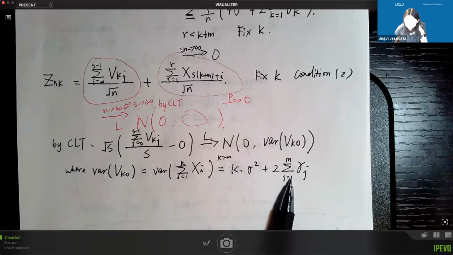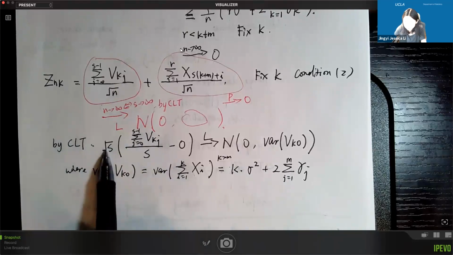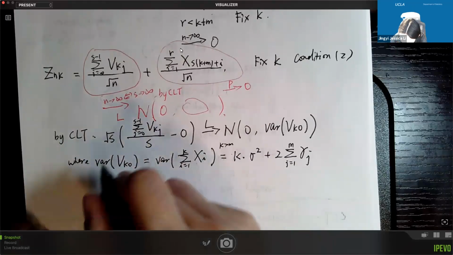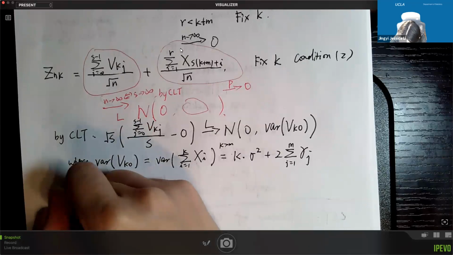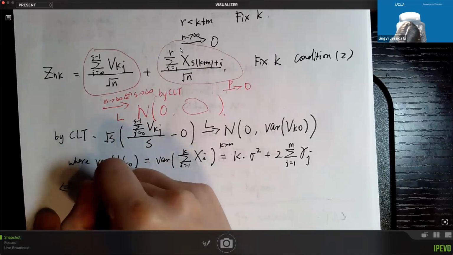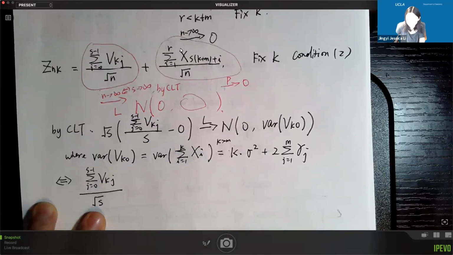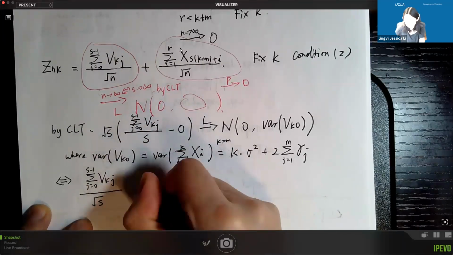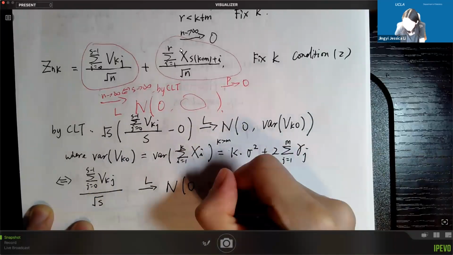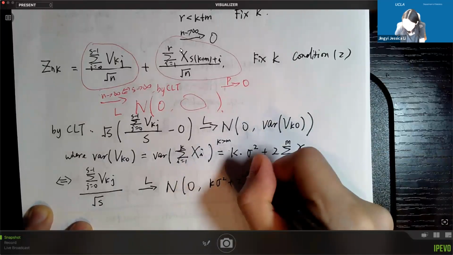Then what's left for my root n? This is about the root. If I do this, I can actually show that this left-hand side, the summation vkj, j from 0 to s minus 1, over root s, I'm simplifying the left-hand side, converges in law to normal with 0 mean, and the variance is k sigma square plus 2 times the sum j from 1 to m of gamma j.